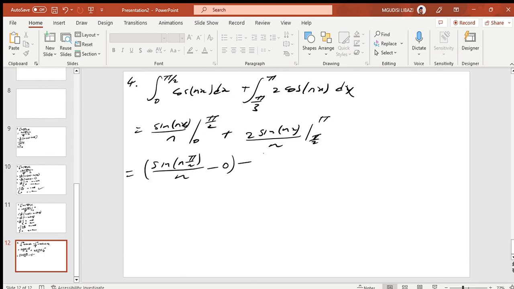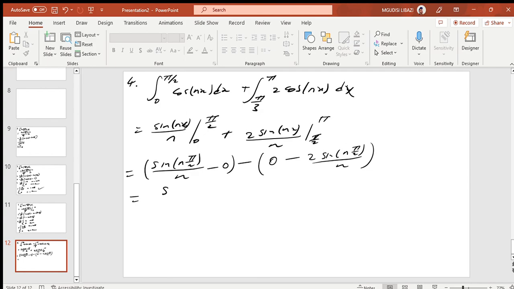Then for the second part, we're going to substitute first the higher limit, which we know is pi, and we get sine of n pi, and we know that sine of n pi by now is 0. And then we say minus, we substitute the lower limit, which is going to be sine of n pi over 2, divided by n.